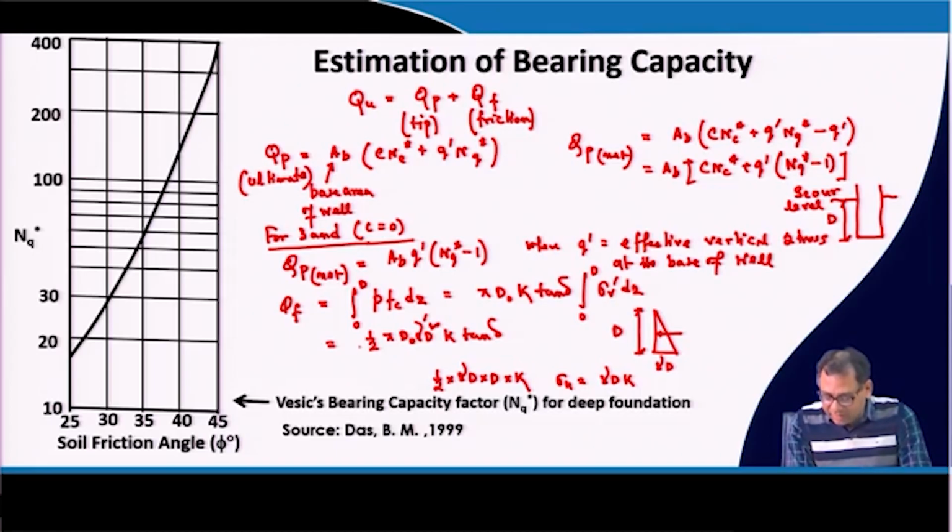So, this is half and this is perimeter, gamma D square K tan delta, and that is acting along the perimeter. So, this is basically the FC, okay, and then if I multiply with the perimeter, then I will get the total friction resistance, which is same as the pile friction resistance calculation.